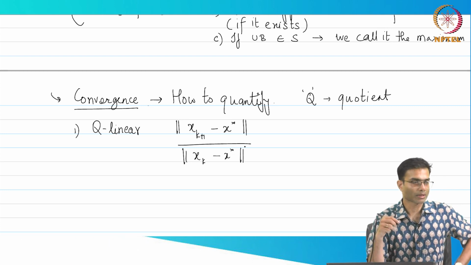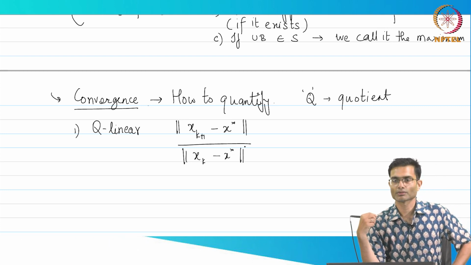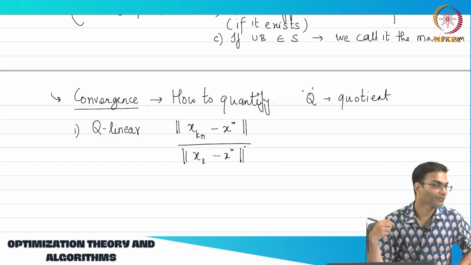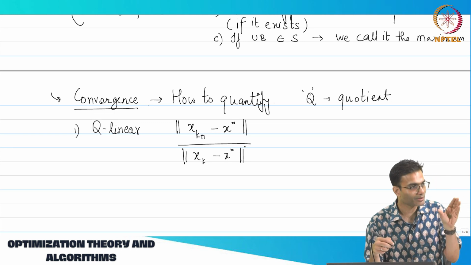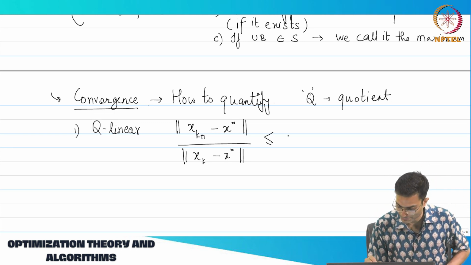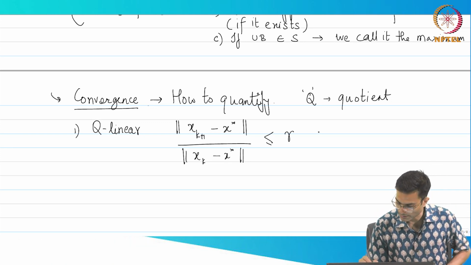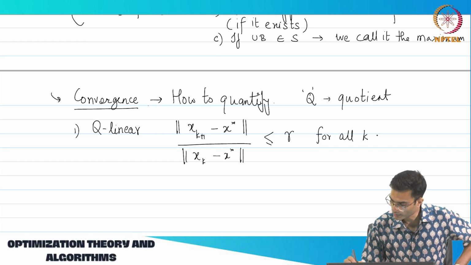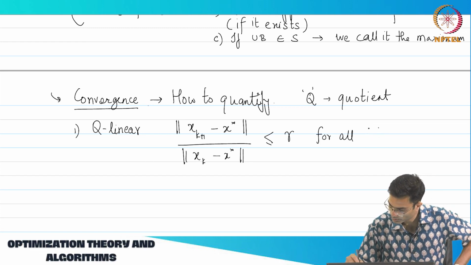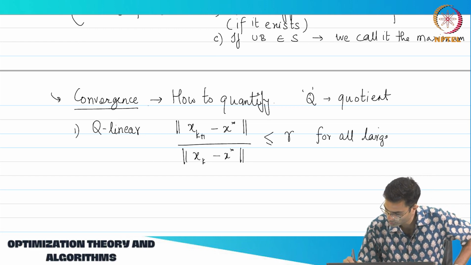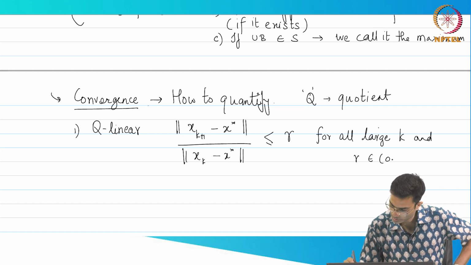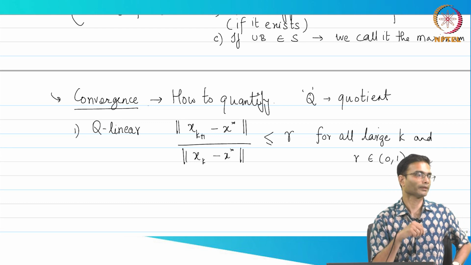should this number be greater than 1 or less than 1? Or ideally, what would you like it to be? Less than 1, right? If it's converging, the distance had better get lesser and lesser. So if I define this as R, for all large k, and R belongs to (0, 1).